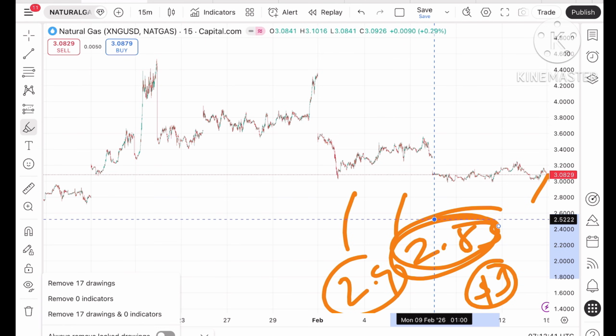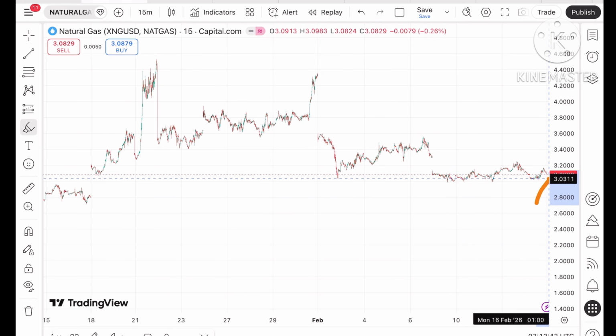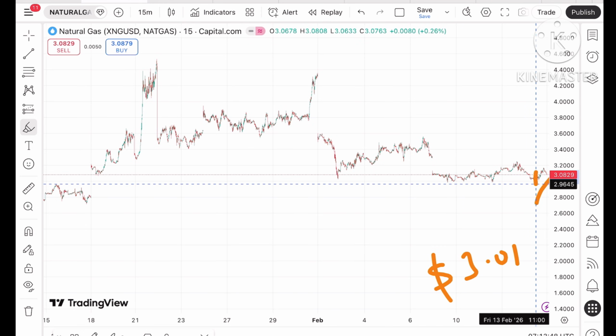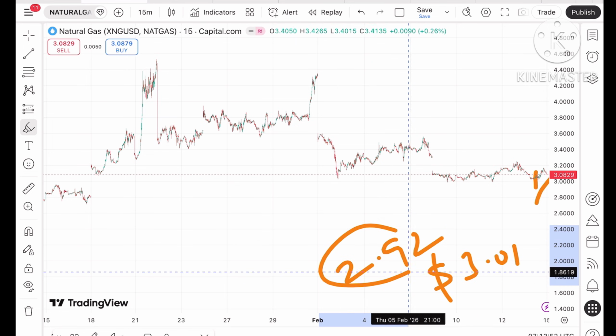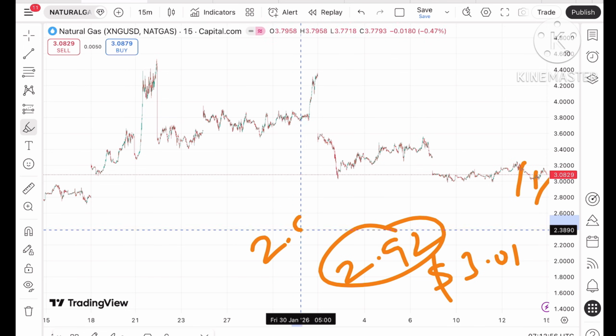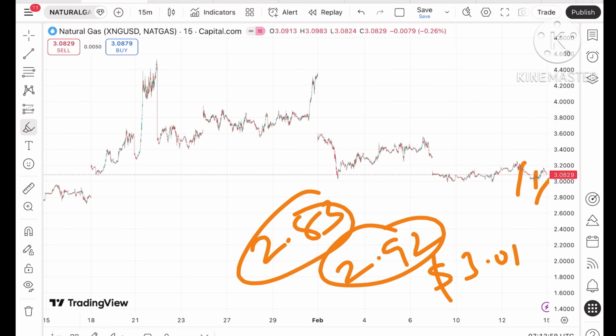From there this gap can be filled. If the price starts falling below this level, a chance of going towards 3.019 can be seen, and if the price falls below this level, a chance of going towards 2.92 is there. If the price falls below that level, we can see the price can touch a level of $2.83, and once the gap is filled, we can see it will go further higher.